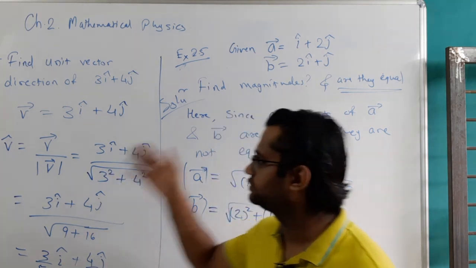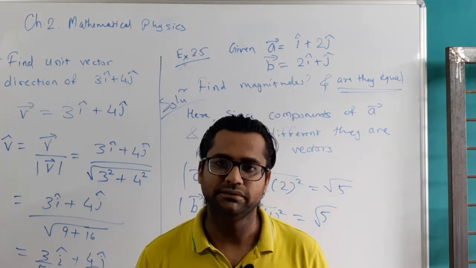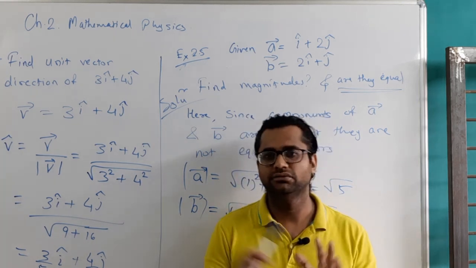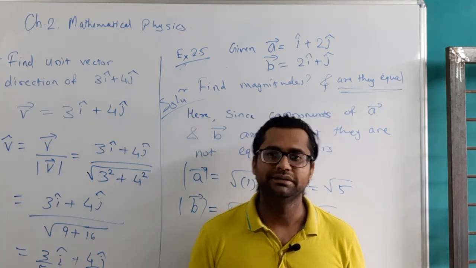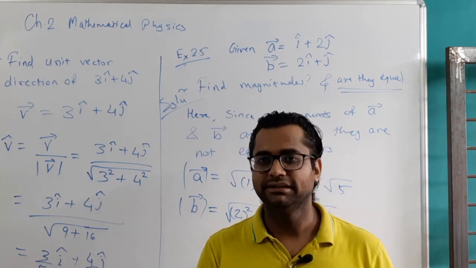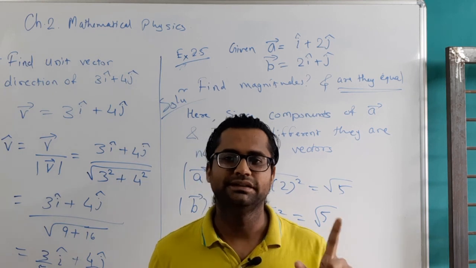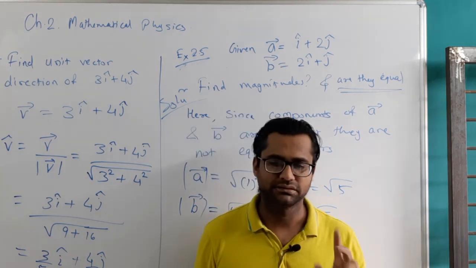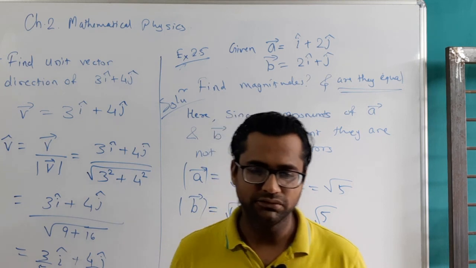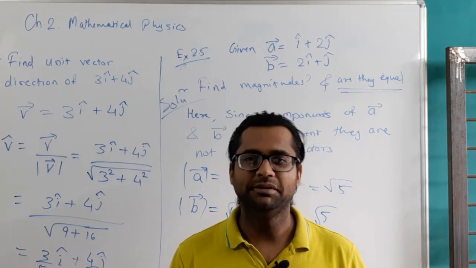Then we did many examples. We have also studied the resolution of a vector, how to split a given vector into its components. In the next lecture we will study the product of vectors. There are two types of product: scalar product and vector product. You can go through the next video where we will learn the multiplication of vectors.